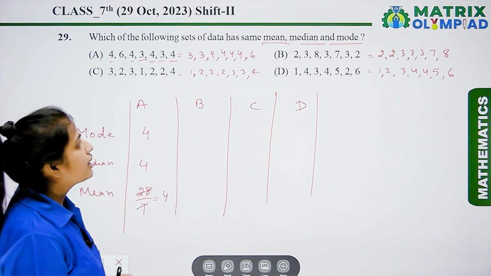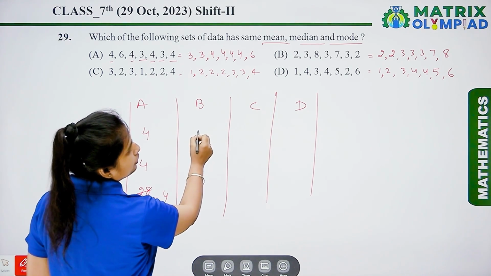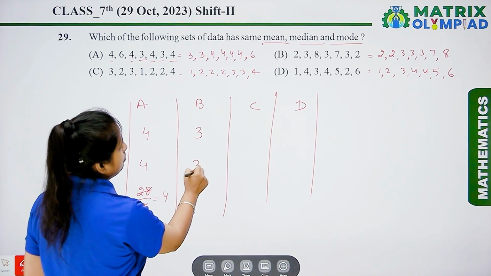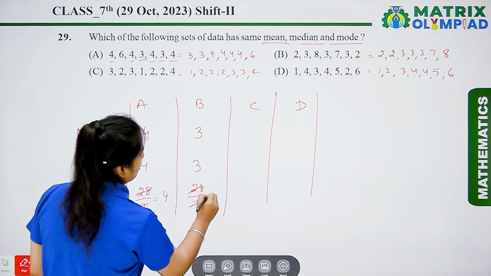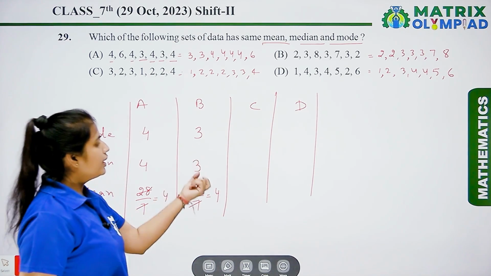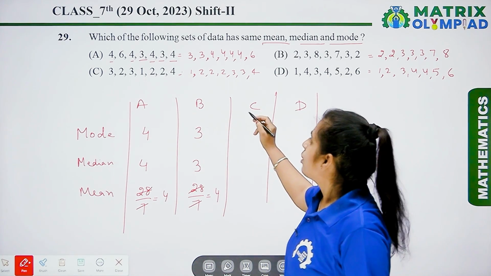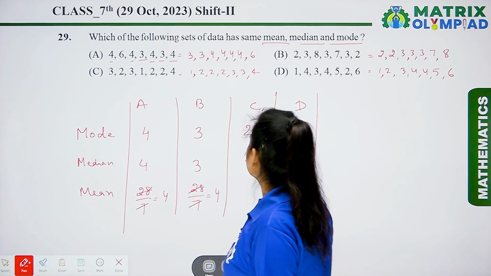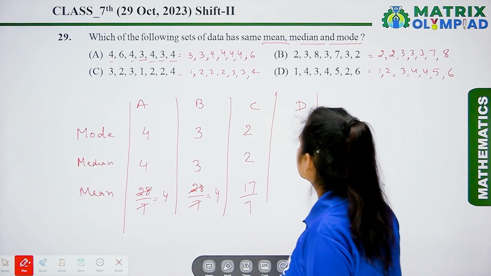Now let's check the next option also. In option B, we have mode 3, median 3. So here the sum of observations is 28 upon 7, that is equal to 4. So here the answer is different. Now let's check option C. Here mode is 2, median is 2 and the mean is 17 upon 7.